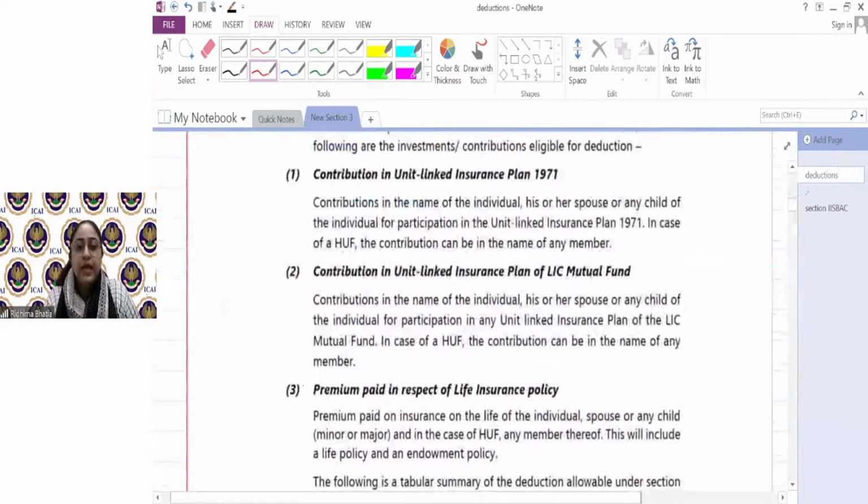So before we understand the list of certain types of deductions which are available here, certain types of investment options in which you can invest and claim 80C, I just want to tell you, one approach is that in the next 5 minutes, I can tell you the list and finish 80C.